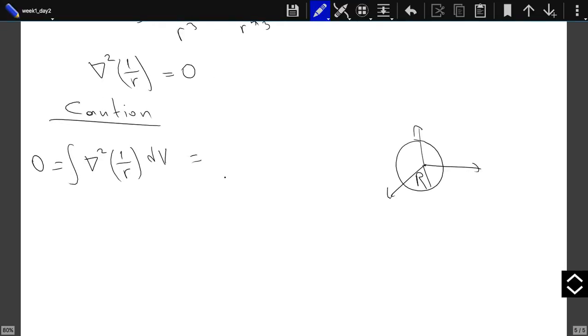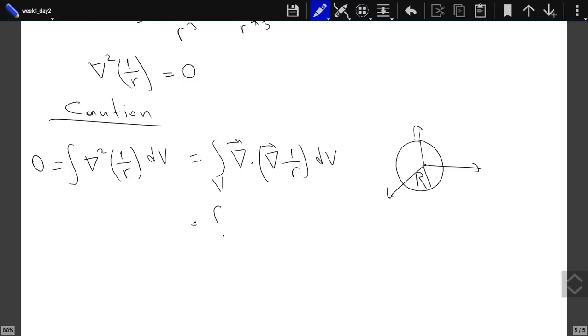How we had defined the Laplacian, it was the divergence of the gradient over this volume. But we know that the integral of a divergence over a given volume we can convert into a surface integral.